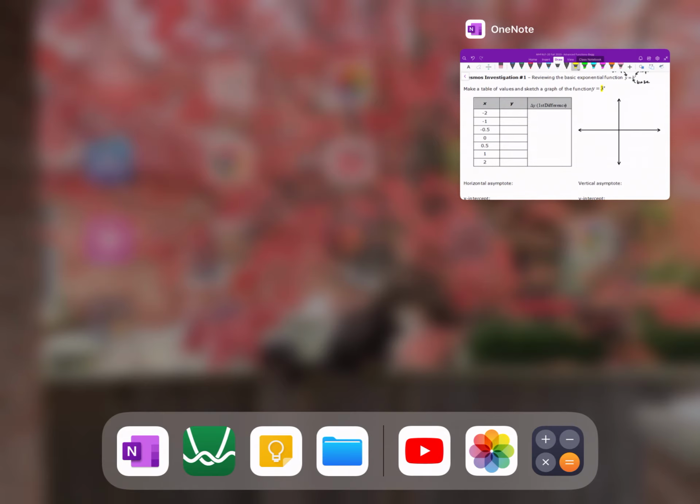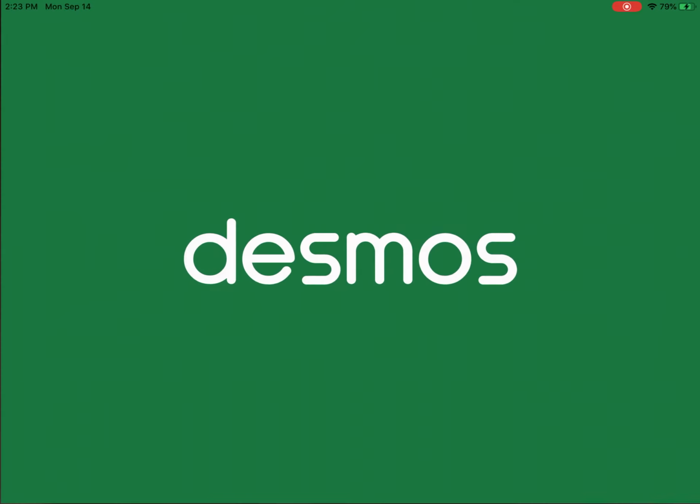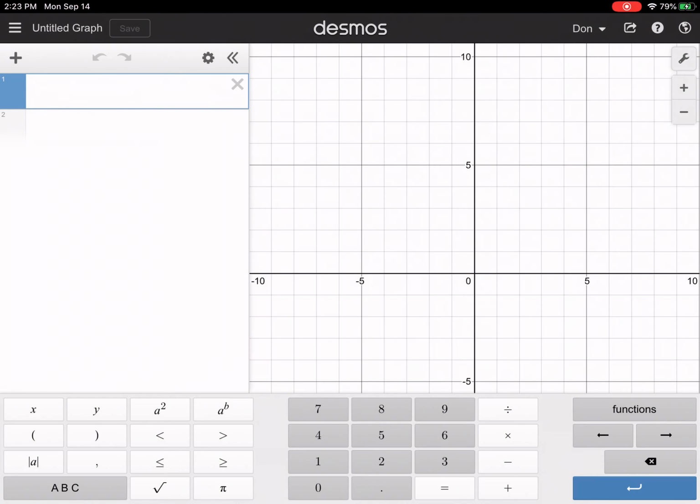And let's open up Desmos. Okay, y equals 3 to the x. There we have it. Look familiar? Hopefully it does. We've seen that before in grade 11.